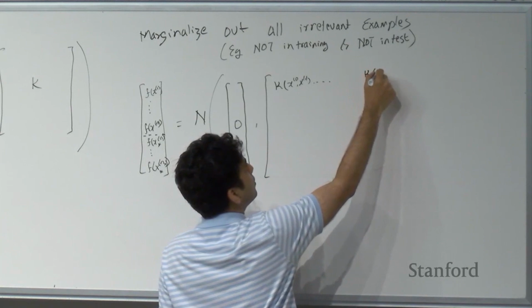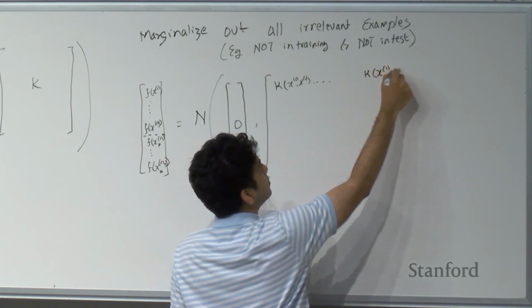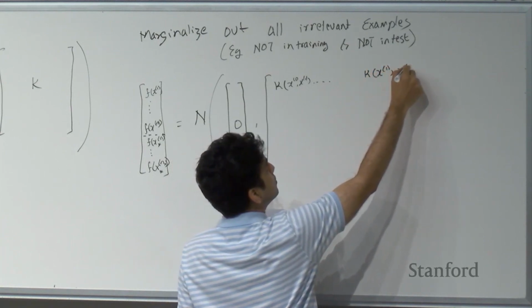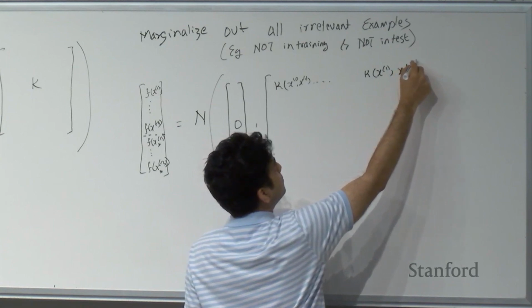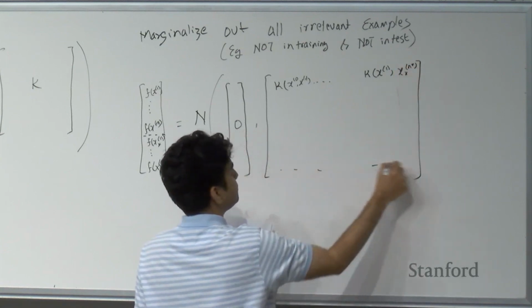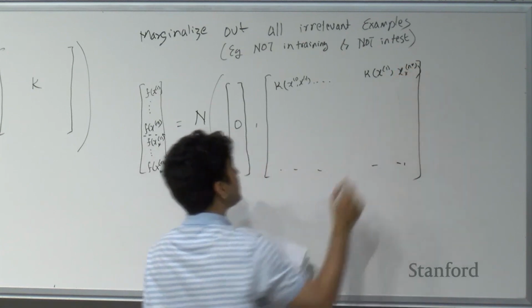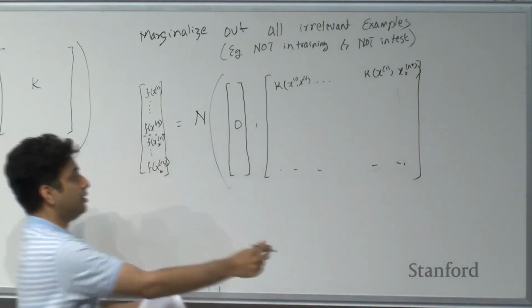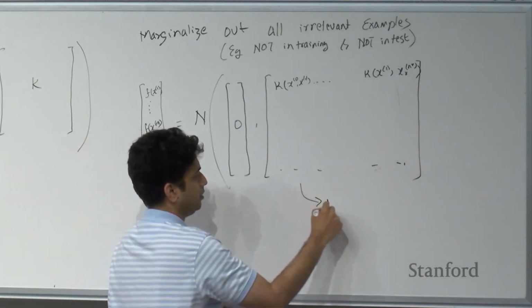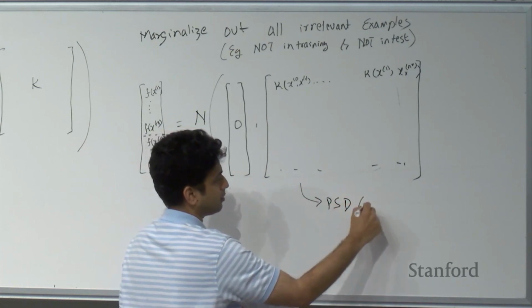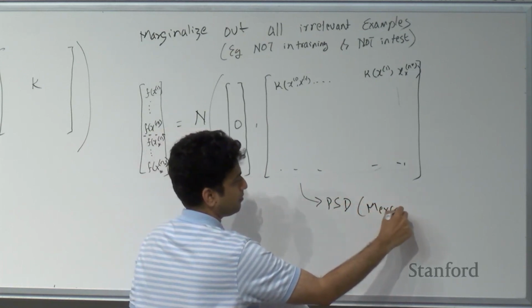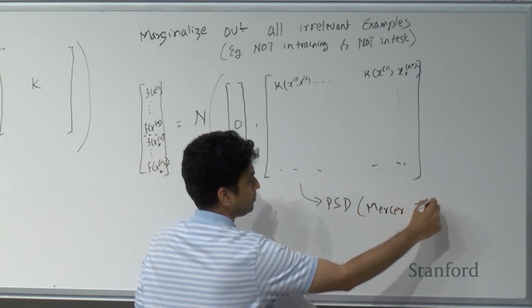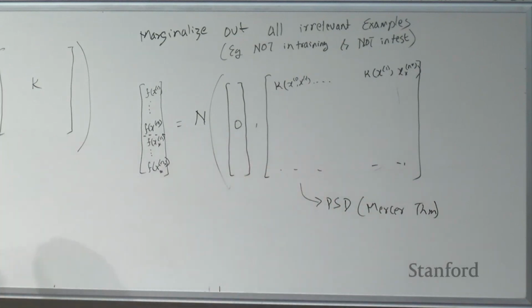K of... And Mercer's theorem tells us that this will be positive semi-definite. And so this is a valid multivariate Gaussian distribution.